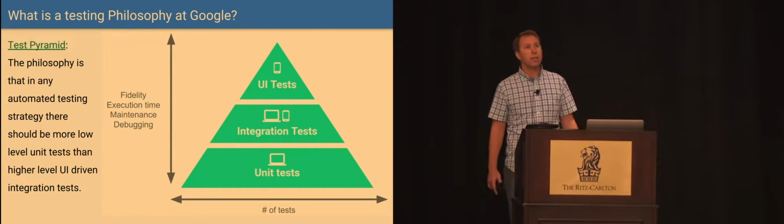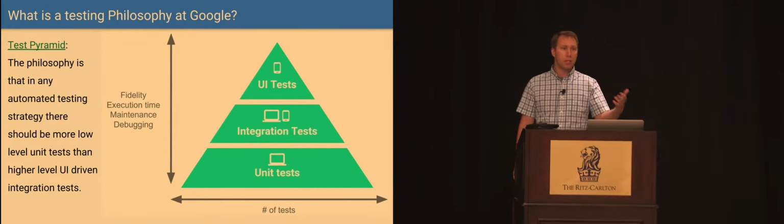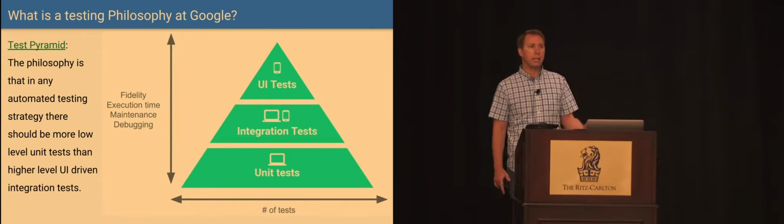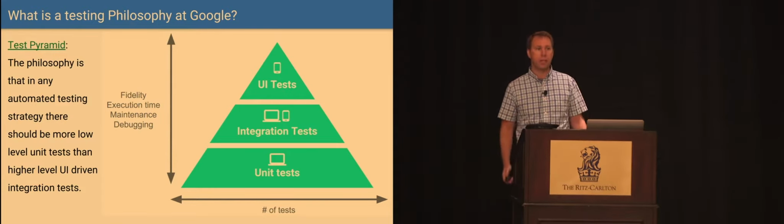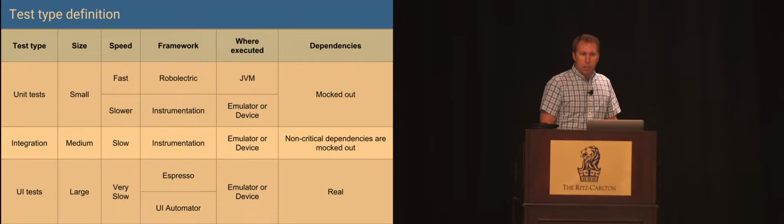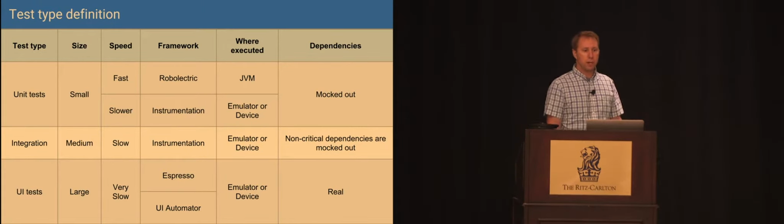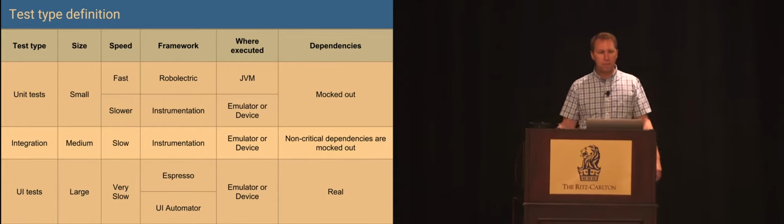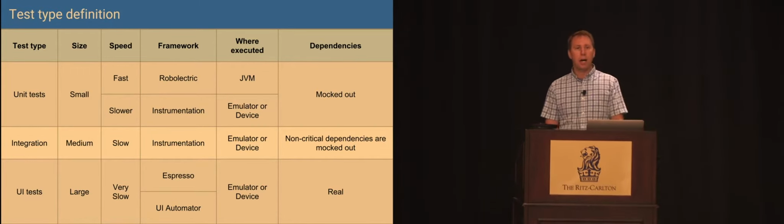On the other hand, the higher you go on the pyramid, the more you increase test fidelity, so your tests actually test what your users would see. So there should be a balance. On this slide, you can see all those testing types and their different characteristics. Unit tests are small and fast.